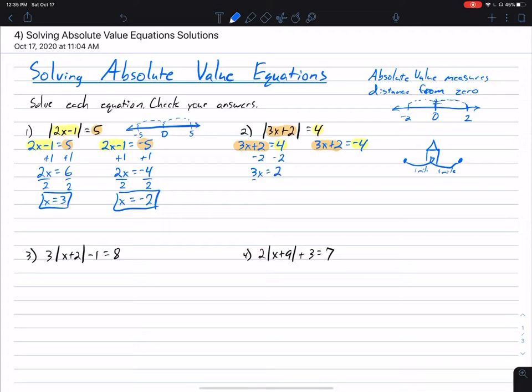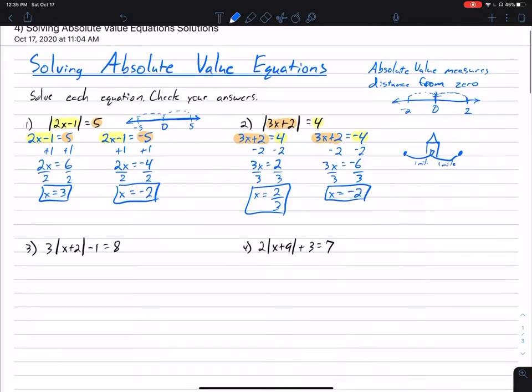I'm going to rush through the solving part a little bit because you should know how to do that. So x would equal 2/3. And x would equal -2. Those would be your solutions.